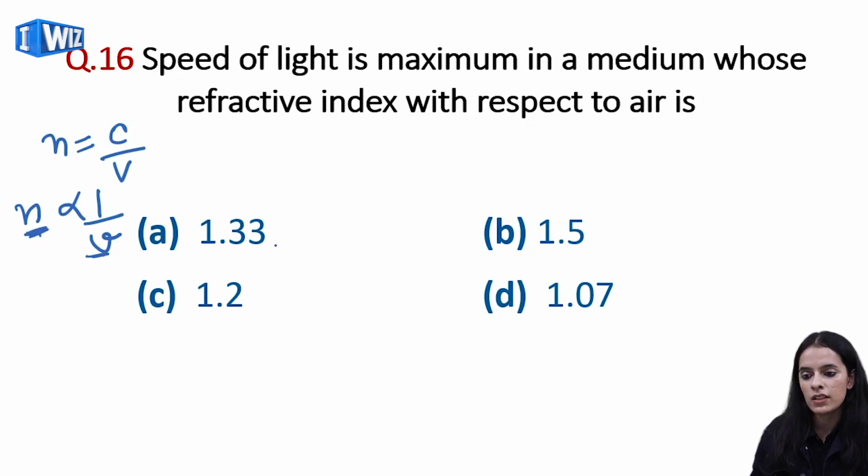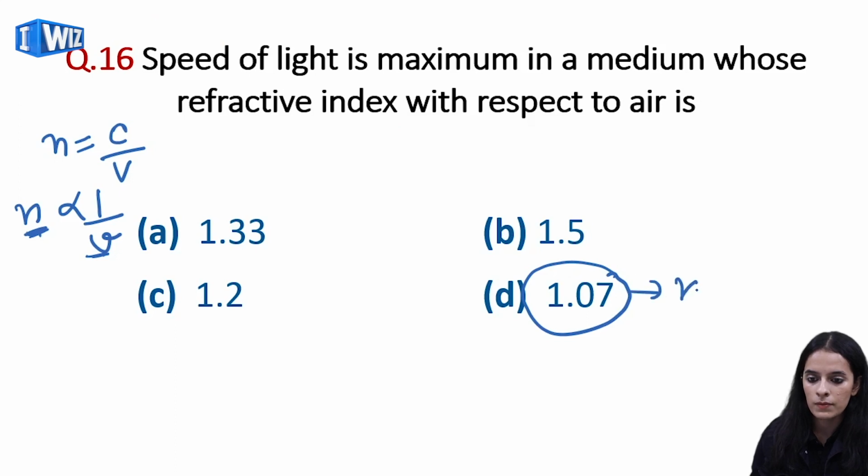So from here you will see whose refractive index is small? This one? Yes. So refractive index is small in this case, n is small, so the speed of light will be more in this case. So what's the right option? D.